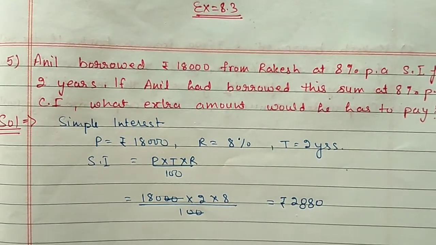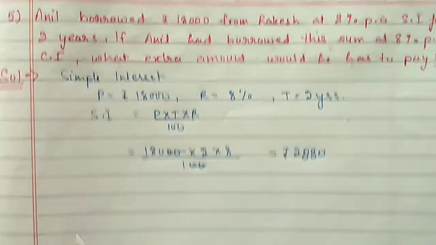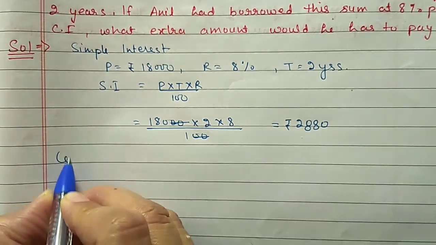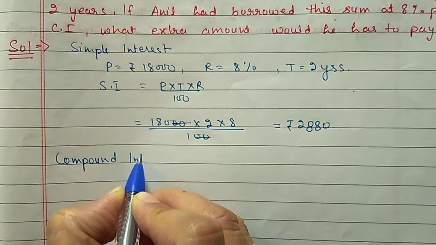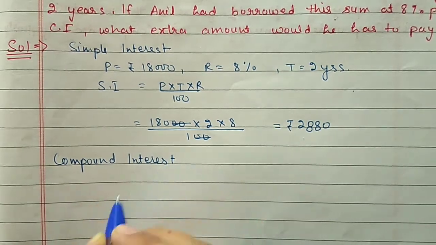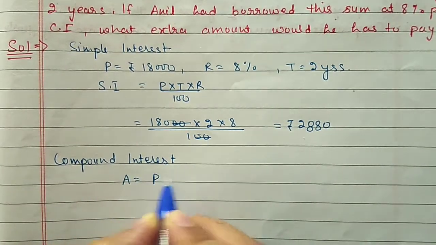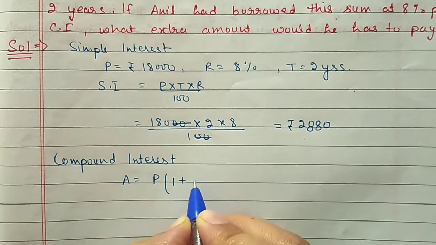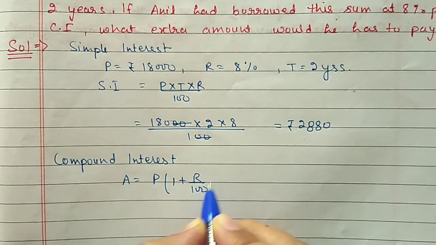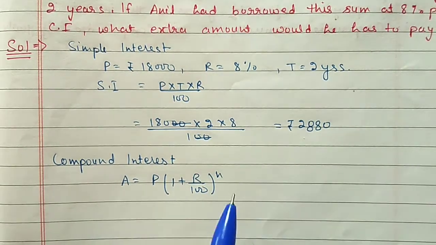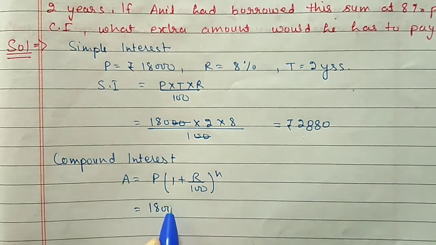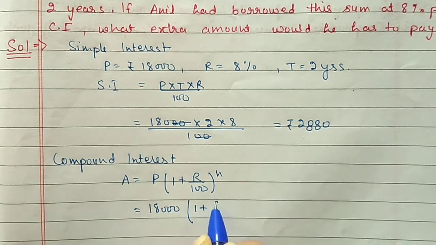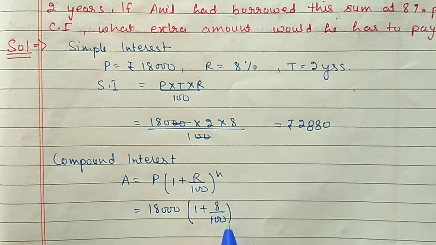Now we will calculate the compound interest. So amount is equal to P into (1 plus R by 100) to the power N. Because it is yearly, so we will use this formula. 18,000 into (1 plus 8 by 100) to the power 2.